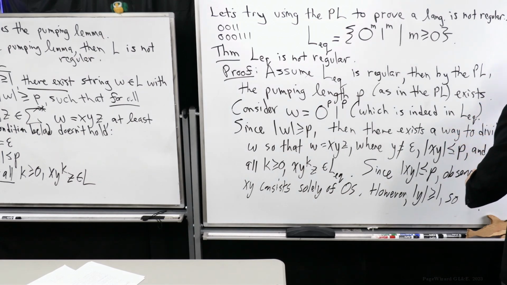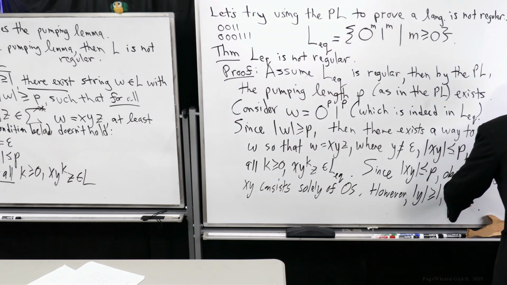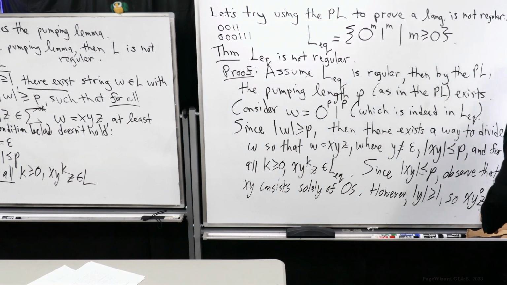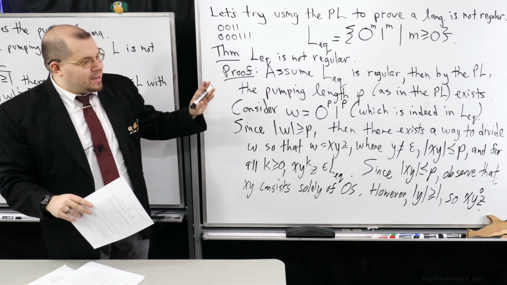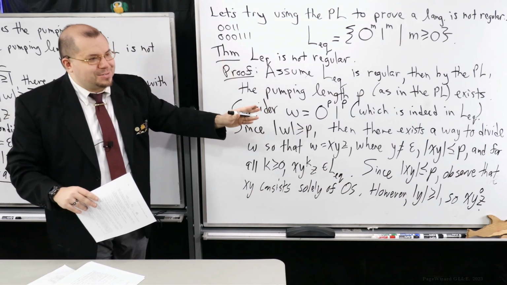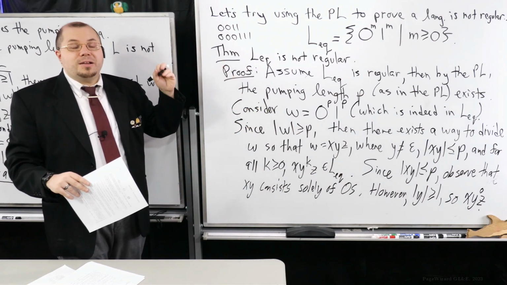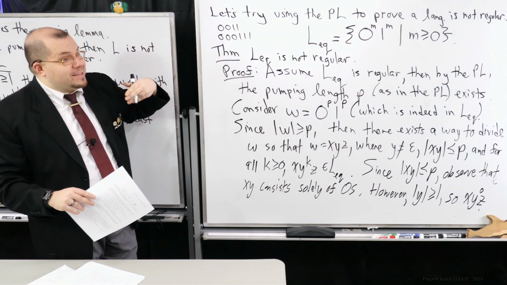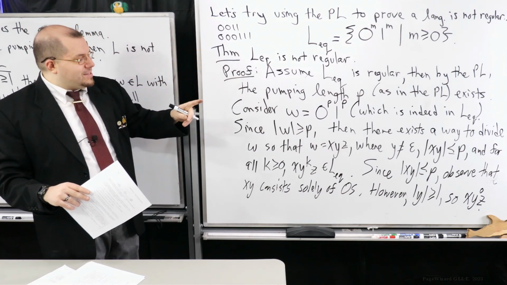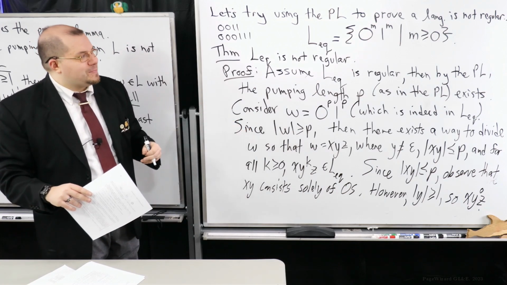So, let's look at what happens if I consider x y to the 0, z. What does that look like then? Remember, when I raise a string to the power of 0, that's the empty string. That's just the exact same thing as writing xz.